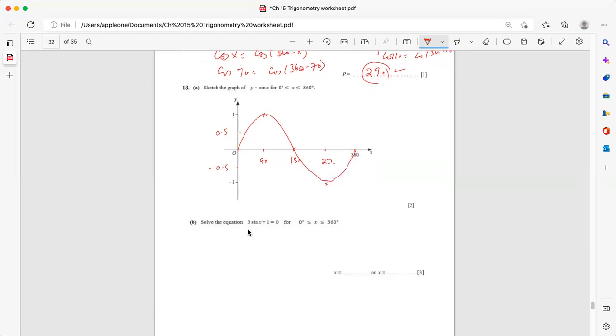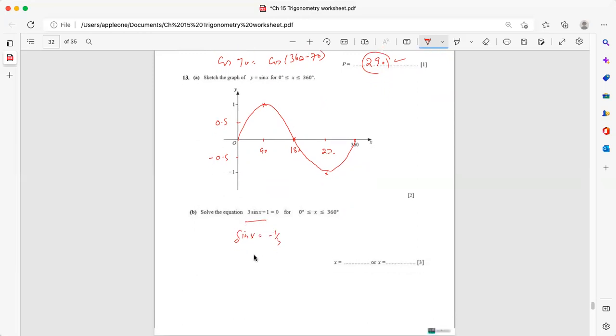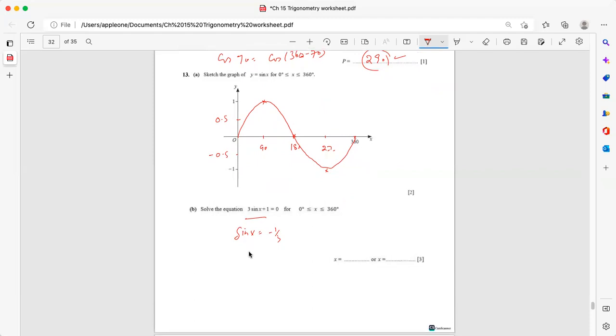Now let's solve this thing. So see, sine x is minus 1 upon 3. Now, they don't say to solve this with the help of the graph, so we can do it anyway, using any method. So x is sine inverse of minus 1 upon 3. What's the result, class? Sine inverse of minus 0.333, or 1 upon 3, is minus 19.47.